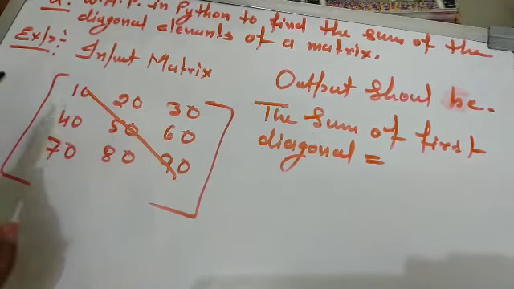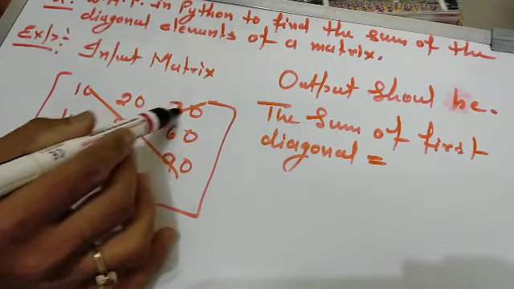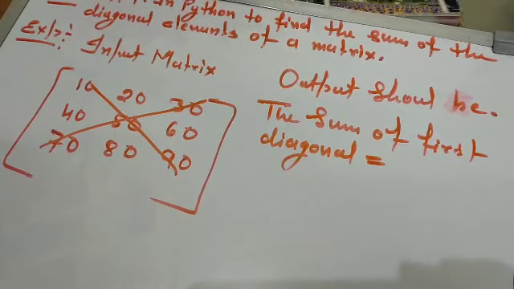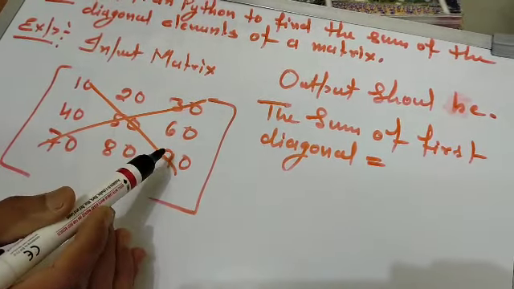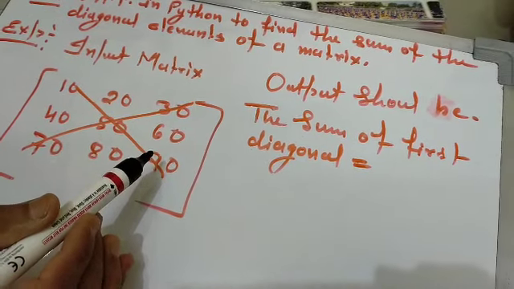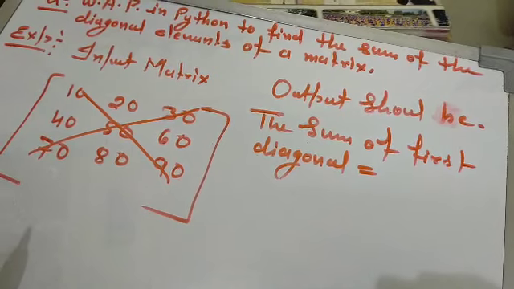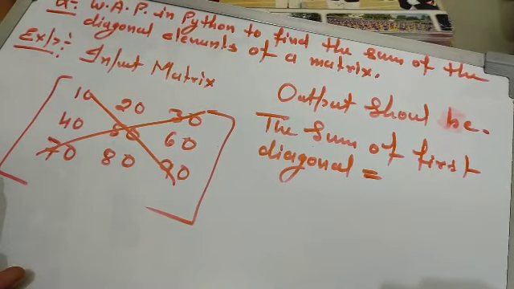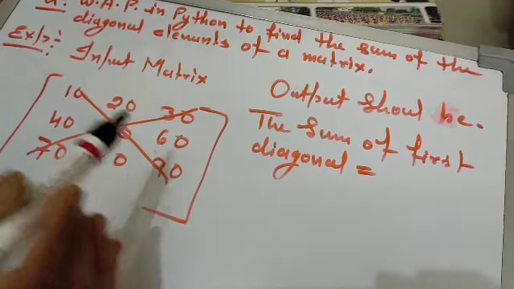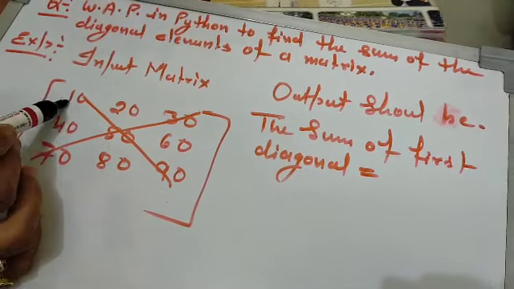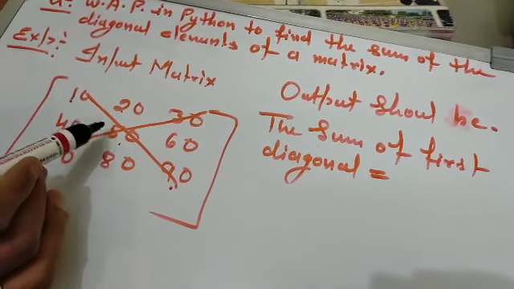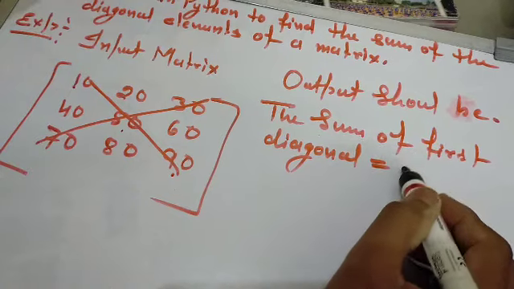This is the first diagonal from left to right, and this is the second diagonal from right to left. It is also called the principal diagonal, and the secondary diagonal or second diagonal. So the sum of the first diagonal is 10 plus 50 plus 90, that is 150.